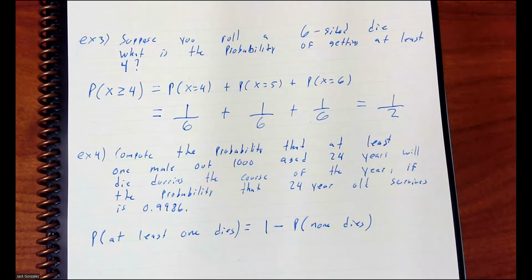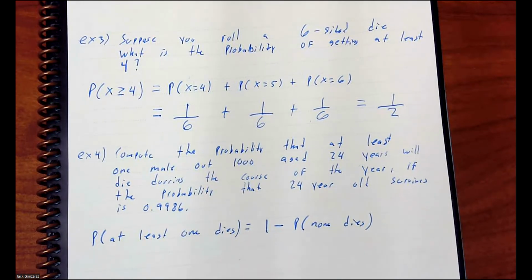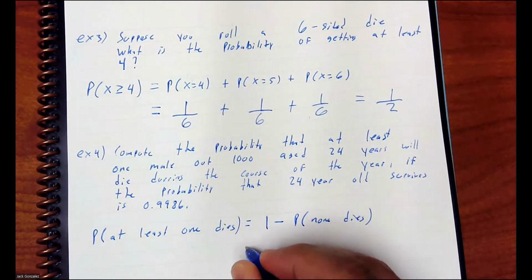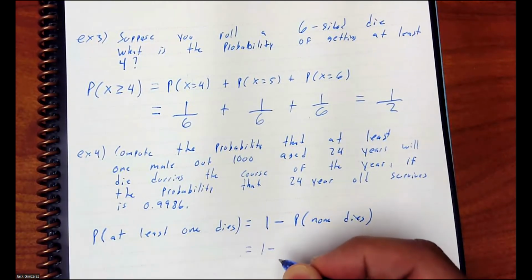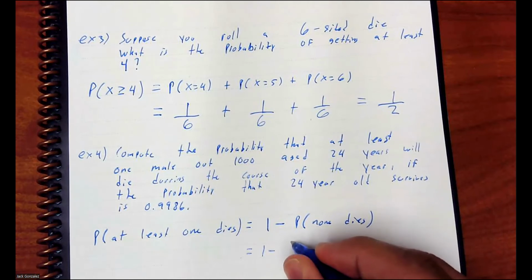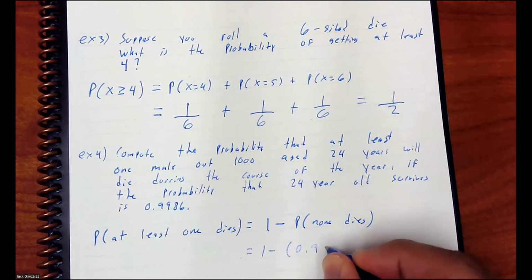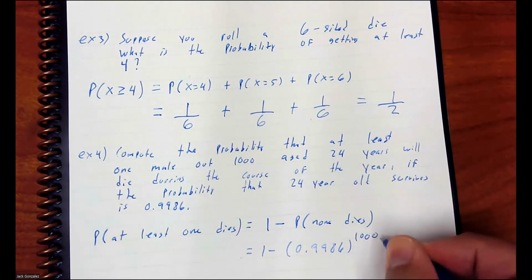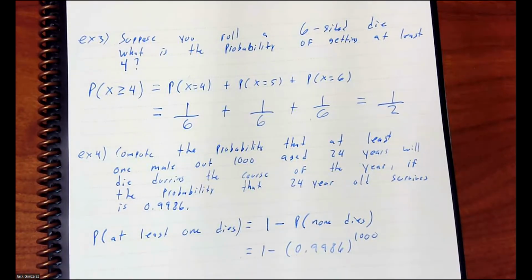So we can consider each of those an event. So that would be 1,000 events, 1,000 males that are 24 that did not die. One of them surviving would be 0.9986. But I have to do it 1,000 times because it'd be 1,000 events. Does that make sense?